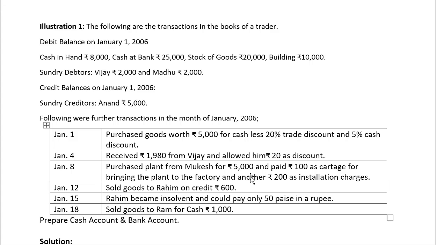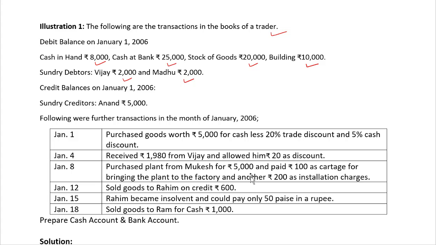Following are the transactions in the books of a trader. The debit balances on January 1, 2006: cash in hand 8,000, cash at bank 25,000, stock of goods 20,000, building 10,000. Debtors we have Vijay and Madhu, Vijay 2,000 and Madhu 2,000.